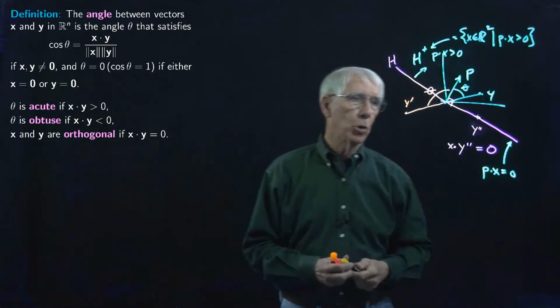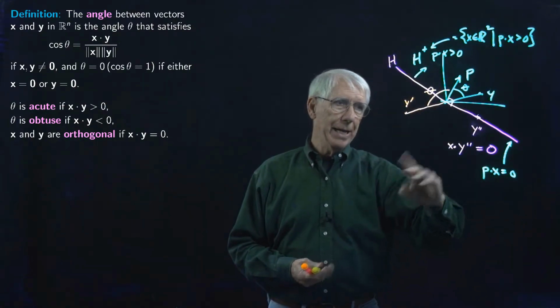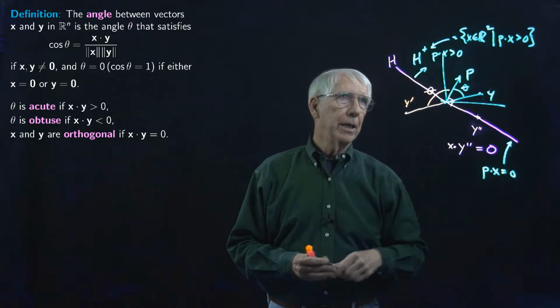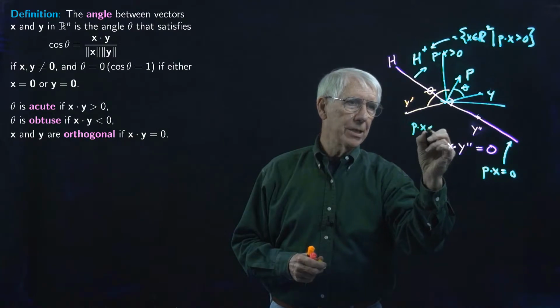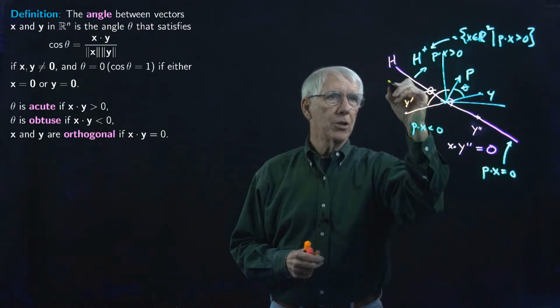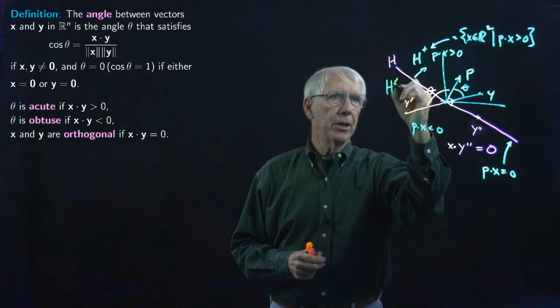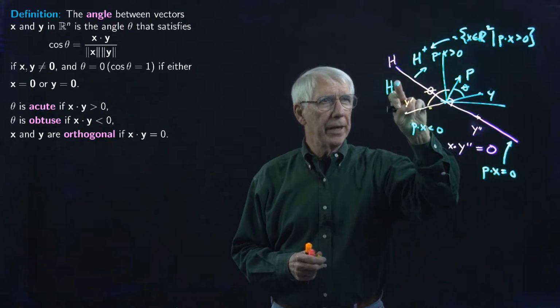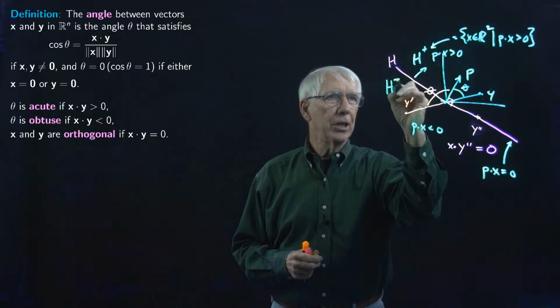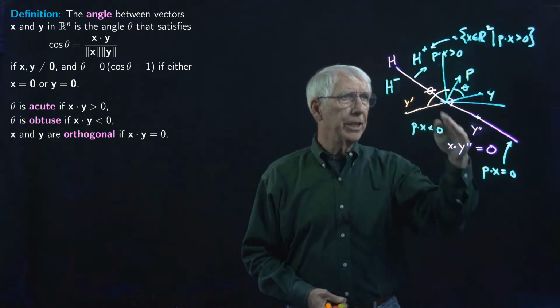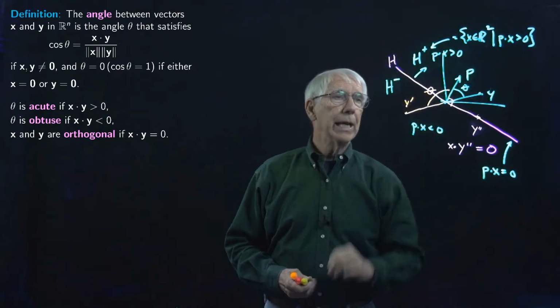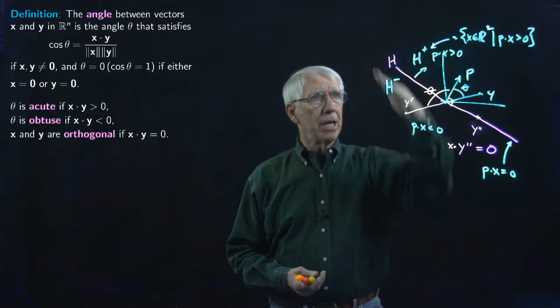And then the same thing works down here below the line. Everything down here is a vector for which p dot x is less than 0. So I'm going to call this set down here h minus. So what I've done here really is I've partitioned R2 into 3 sets.